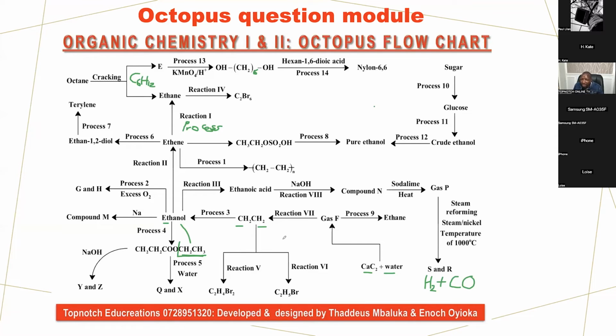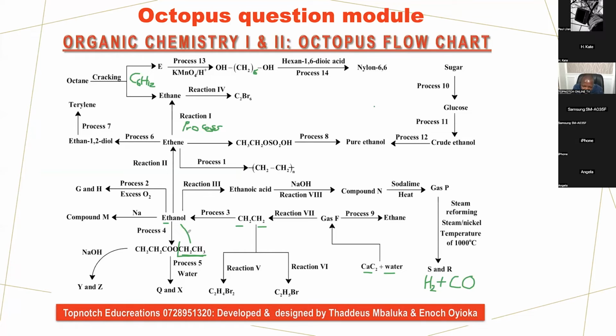Process 9 is also what? Hydrogenation. That one we are using 1 mole of hydrogen, and we can say the reagent there is excess hydrogen. Anywhere whereby the reagent is more than 1 mole, you say excess.